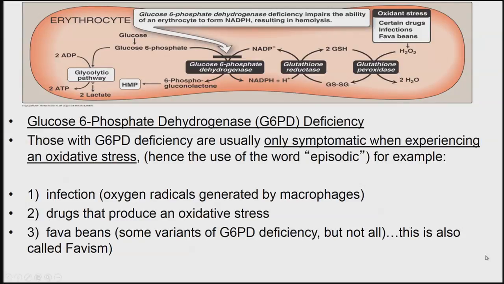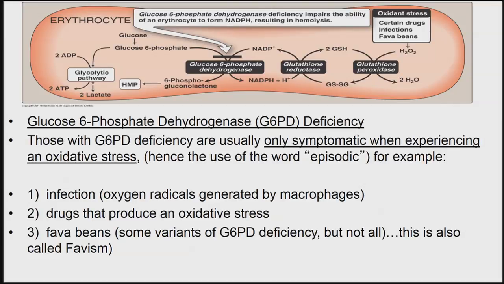So what are some of the things that will precipitate episodes? One is an infection. You just saw that during an infection, your body itself will generate free radicals to try to fight the infection. But infections themselves will generate free radicals too. Microorganisms can generate free radicals. So if you have a patient with G6PD deficiency, you have to be very, very careful if they get some kind of infection.